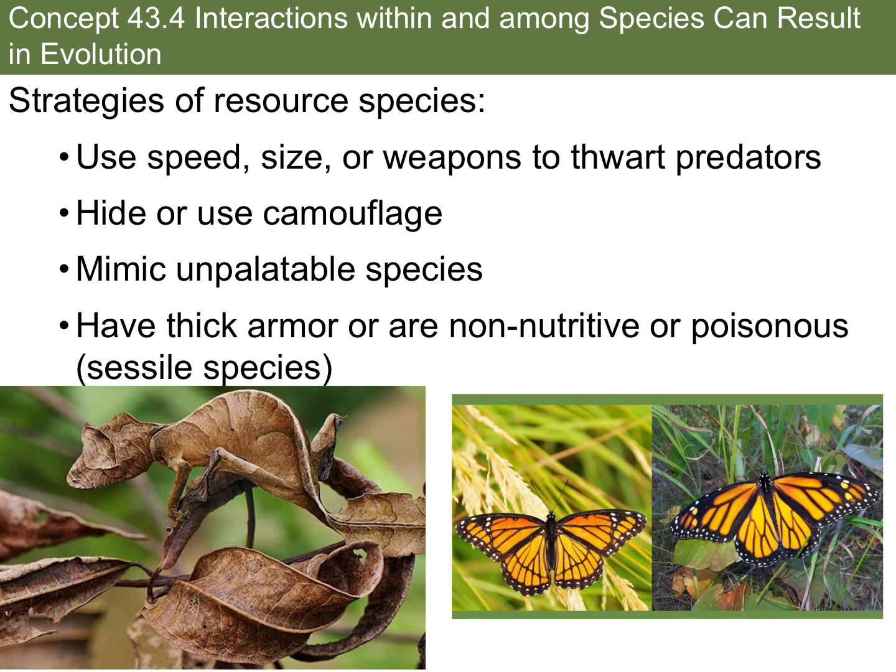So what are some of the ways that these prey organisms can fight back? They can either use speed, size, or weapons to thwart their predators. And many times, such as the case of this butterfly right here, this is what's called aposematic coloration. Aposematic coloration is bright to warn predators, don't eat me.